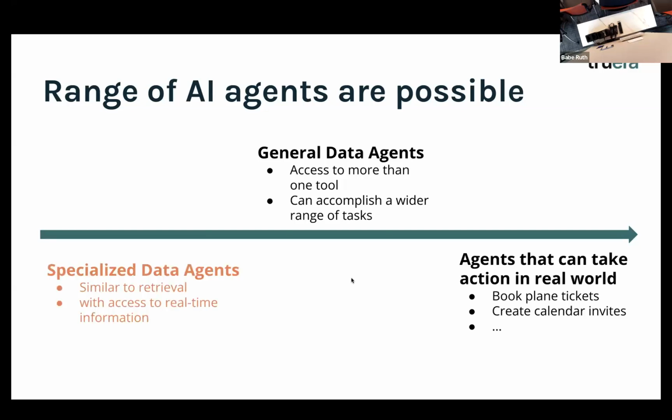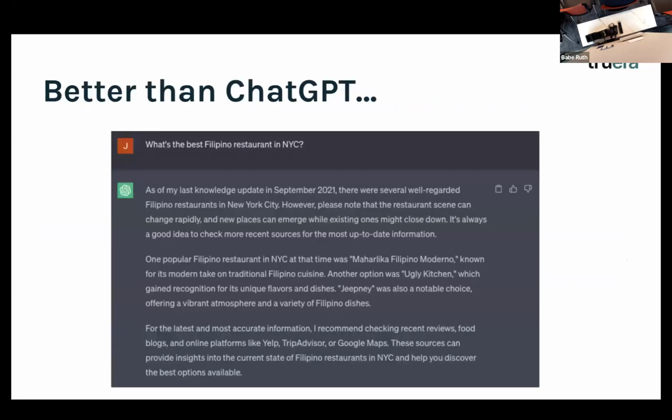In today's talk, I'm going to focus primarily on specialized data agents, and this allows us to limit the amount of things that can go wrong and really focus in on solving a few key problems. And this style of agent is better than just using your typical LLM call. So if I ask, what's the best Filipino restaurant in New York City, I get this classic data freshness problem.